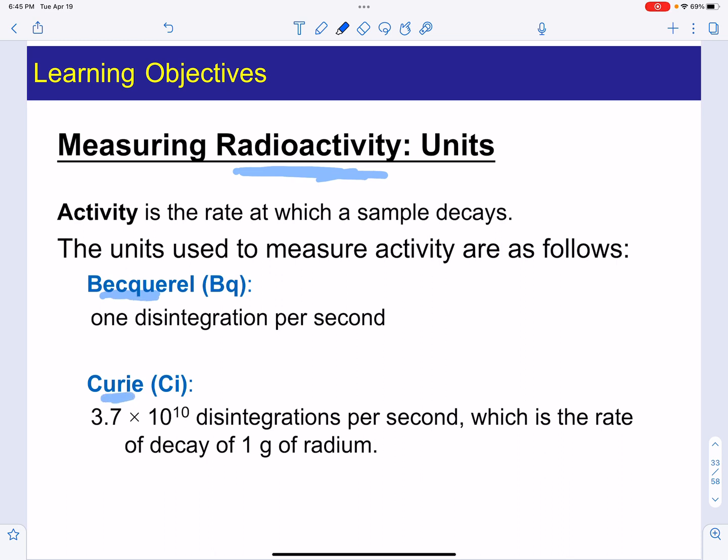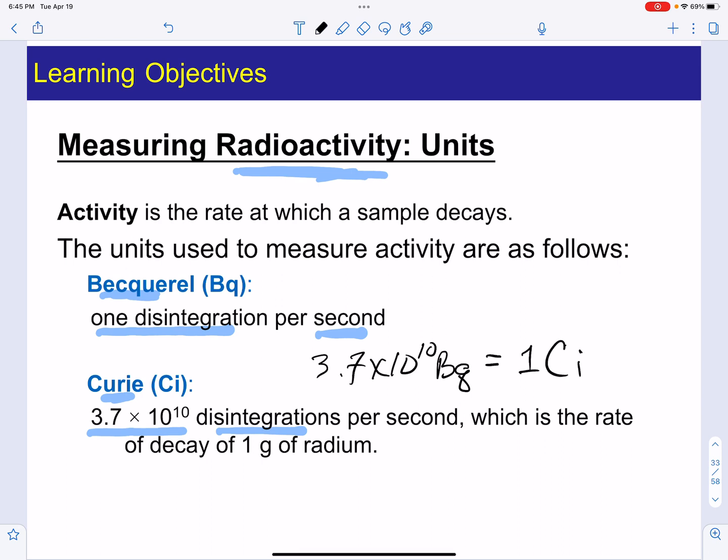A becquerel is basically one atom breaking apart every second. A curie involves a lot more, because with atoms, we have billions and billions of them, right? So a curie is a unit that captures more in one shot. 3.7 × 10^10 becquerels is going to be equal to 1 curie.